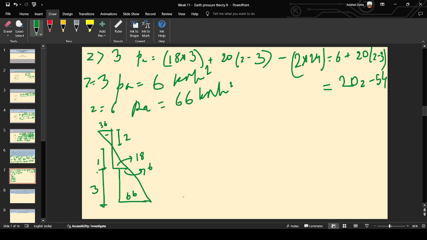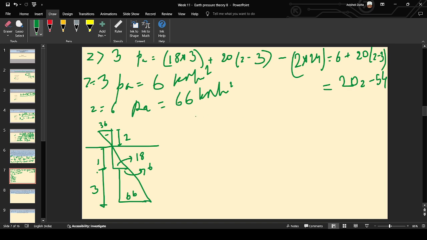Okay. Now we are told to find out total active pressure. For this, we will be neglecting the tension crack because this is the overall positive pressure acting on the soil. So neglecting the tension crack, we have two diagrams, one triangle and one trapezium.